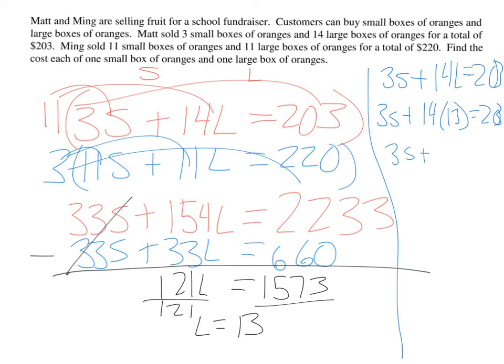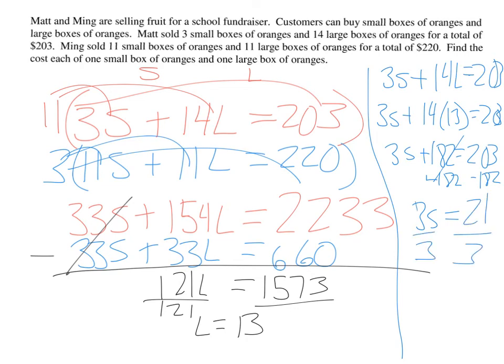From here, we're just solving down for S. 14 times 13 is 182. We subtract 182 on both sides and end up with 3S equals 21. Dividing by 3, we end up with S equal to 7. So to answer our question, the large boxes are $13 and the small boxes are $7.